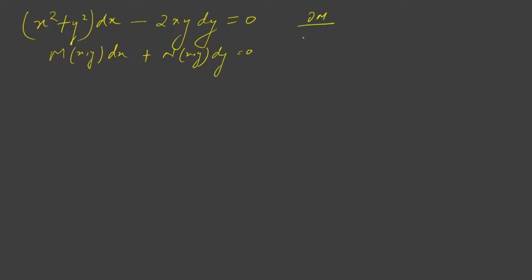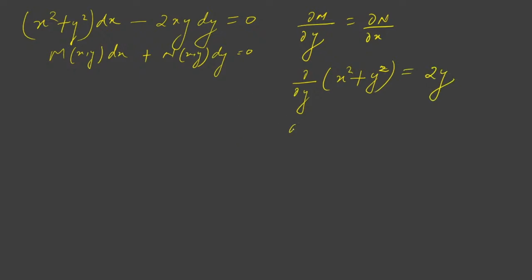The condition for an exact equation is del M by del y equal to del N by del x. What is del M by del y? Del by del y of x square plus y square will be simply 2y. Again, what is del N by del x? Del by del x of 2xy will be 2y, right? So that will be again 2xy.